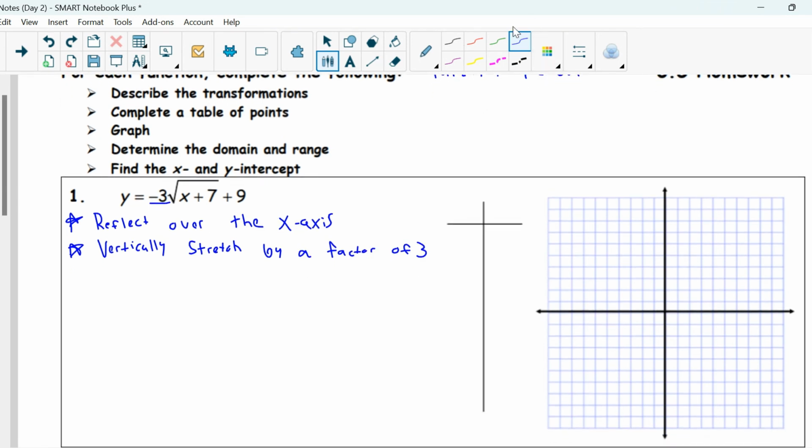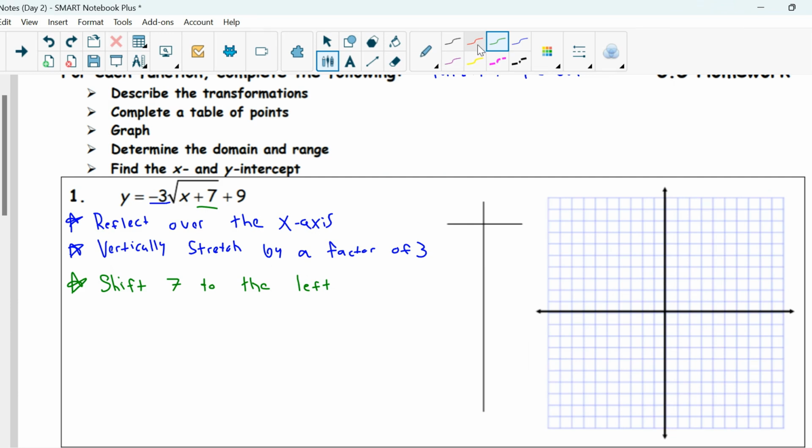The next thing I want to look at is my h value. My h value tells me my horizontal transformation, and remember, it's the opposite of the sign that occurs in your function. So we are going to shift 7 spaces to the left, or in the negative direction.